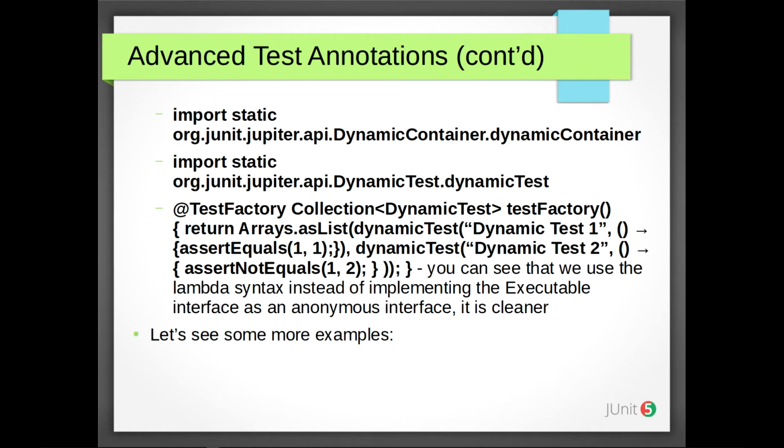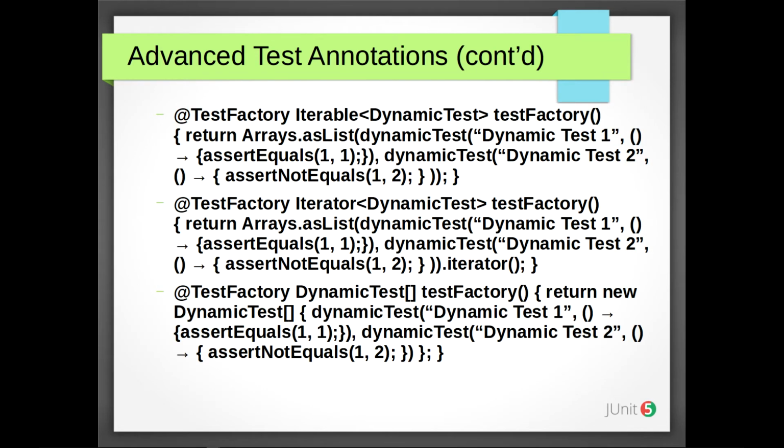Well, let's see some more examples. Here you can see about three snippets of code that return various data structures acceptable to the @TestFactory annotation. In the first case, it returns an Iterable of DynamicTest. In the second case, it returns an Iterator of DynamicTest. And in the third case, it returns an array of DynamicTest.